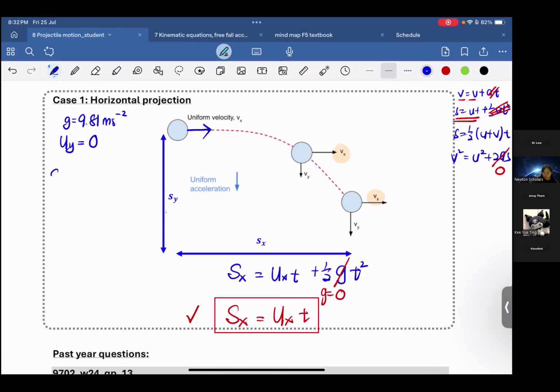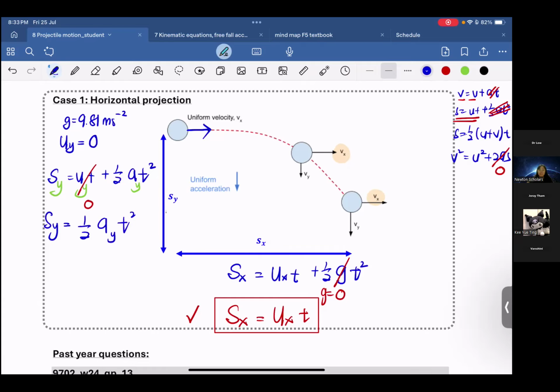So here, if we want to use s equals to ut plus 1/2 at squared, I will add y here, and y here also, so that it is very clear what component I'm talking about right now. I'm talking about vertical. So here your sy will be equal to 0, which we don't need to consider, plus 1/2 at squared.